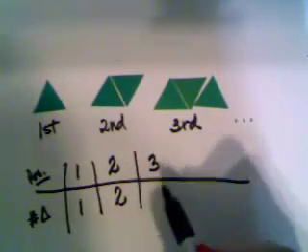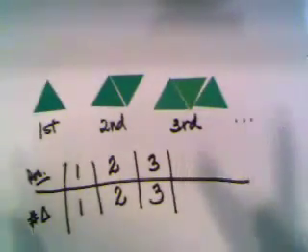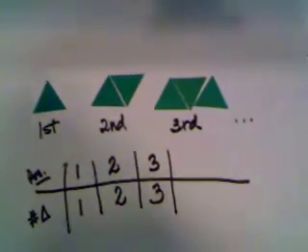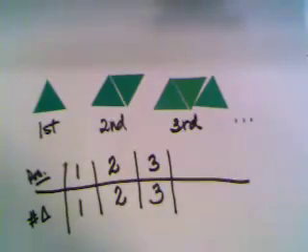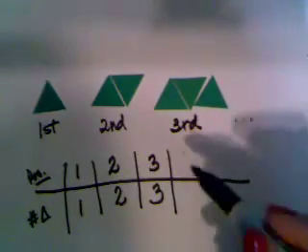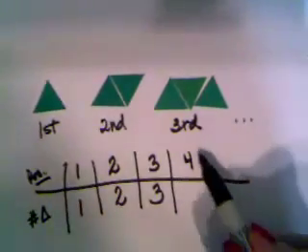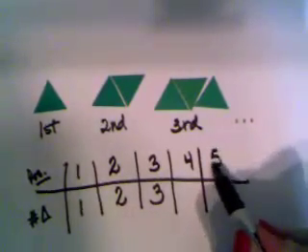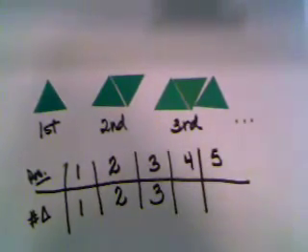The third position would have 3 triangles. And then after you have built enough, you would want to ask your students what will happen next. And how do you know that that is what would happen? And so they would then predict how many triangles there would be in the fourth, how many triangles there would be in the fifth, and they could actually build those.